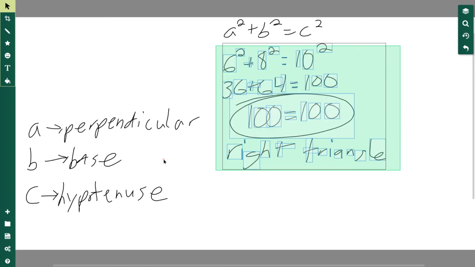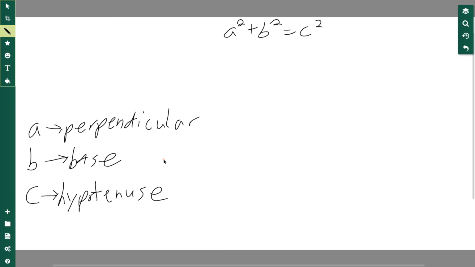So, let's quickly do another example. If we have 8, 5, and 13. Actually, let's go 14. We can plug in our values just like we did before.